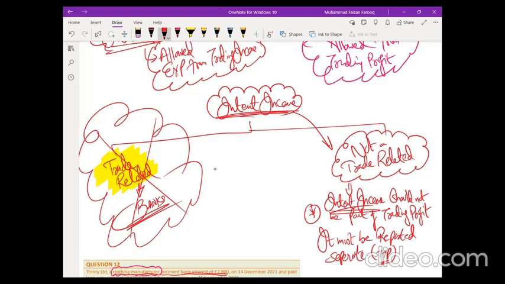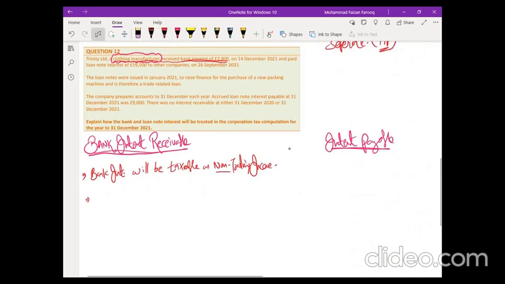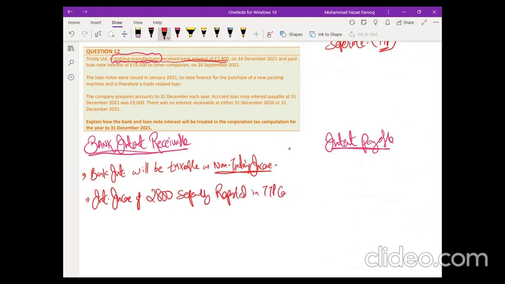Yeah, got it. So this interest is not trading activity. And while we are calculating TTP, what will we report? We will report it separately, yani interest income of 2,800 reported separately in the TTP computation.